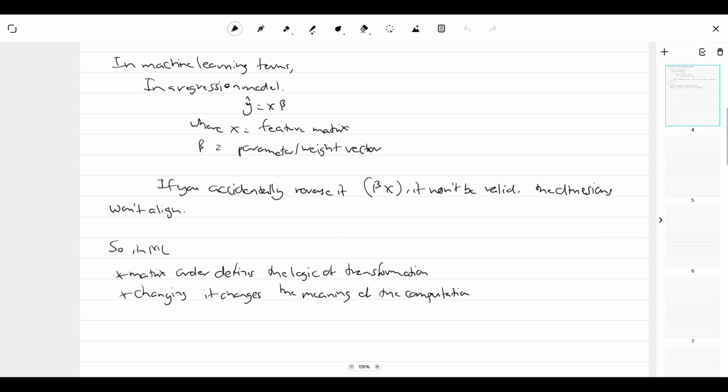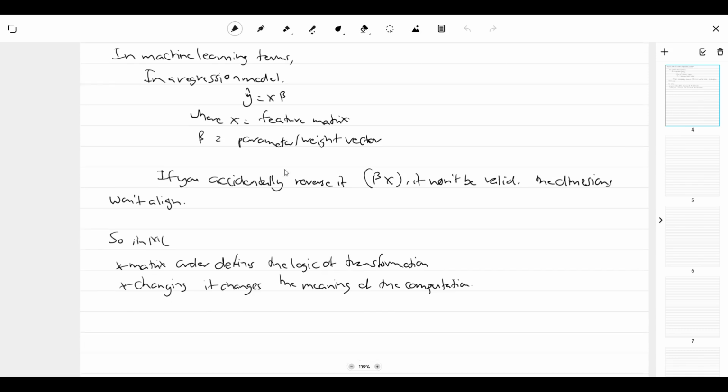So when we multiply matrices, we're applying transformations in sequence. Think of it like performing actions onto a vector. So if you do B times Ax, that means you first apply A and then you apply B to x, right? But if you flip it to A times Bx, then you're applying them in the opposite order, and that changes the outcome entirely.